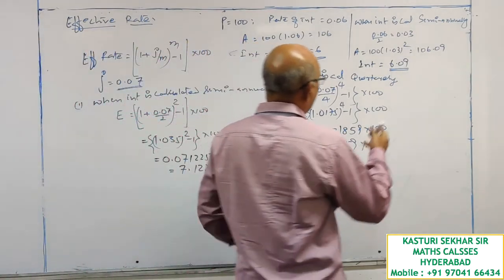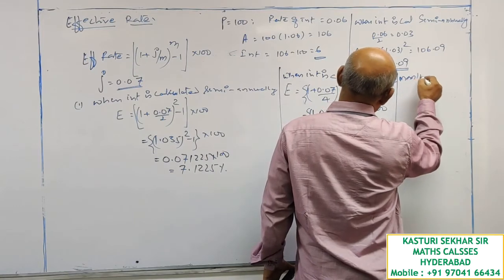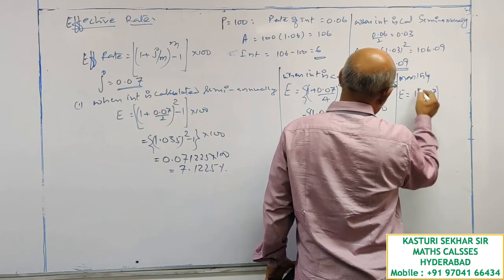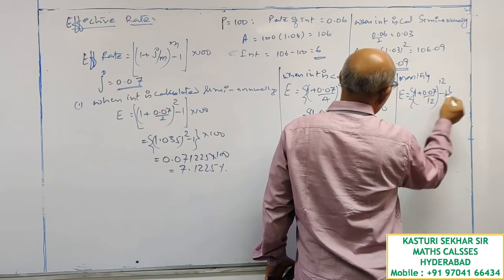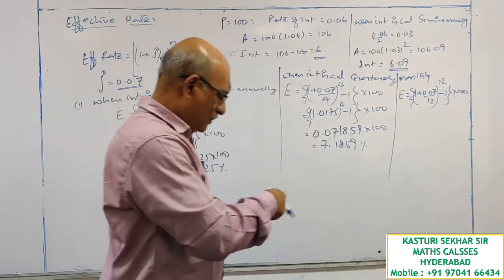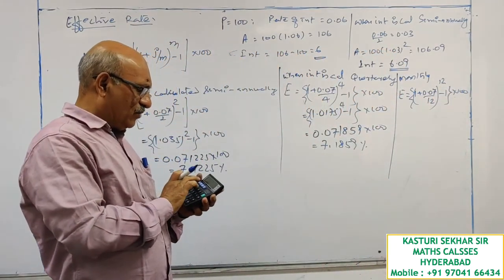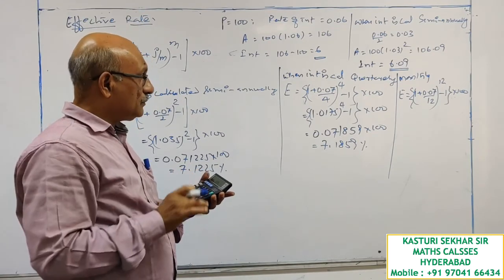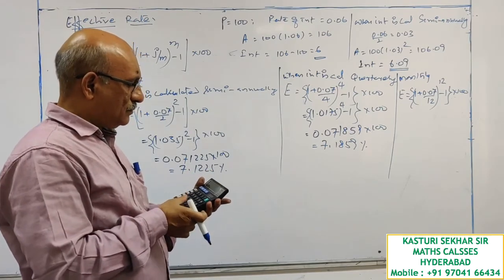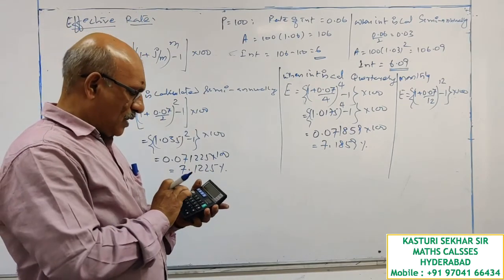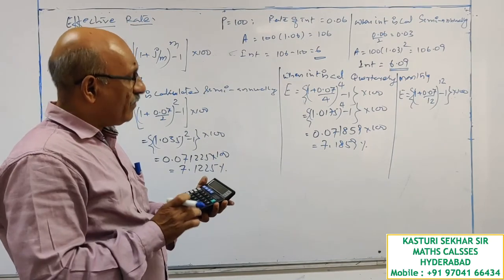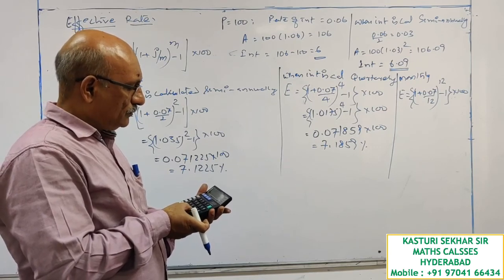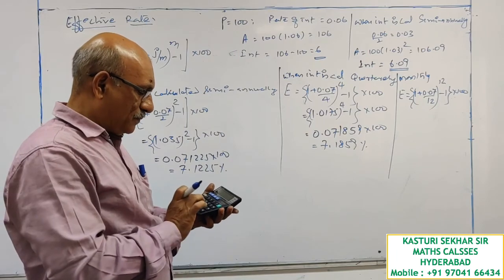So you can go for monthly also. When interest is calculated monthly, effective rate is 1 plus 0.07 by 12 to the power 12 minus 1 into 100. So this is equal to 0.07 divided by 12, and its power is raised to 12, minus 1.